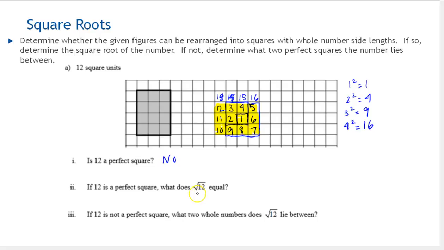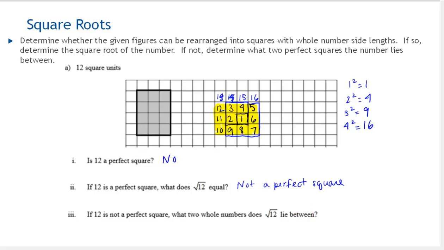It's not, so I'll just put not a perfect square. The next question is the one that applies to us. If 12 is not a perfect square, what two whole numbers does the square root of 12 lie between?